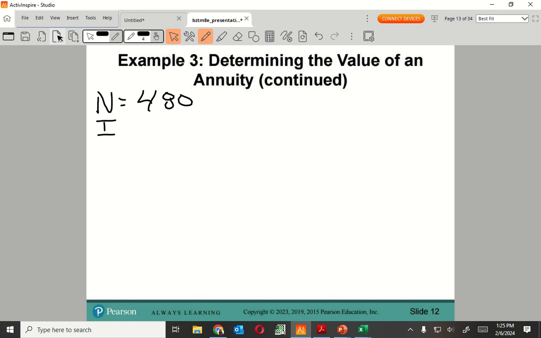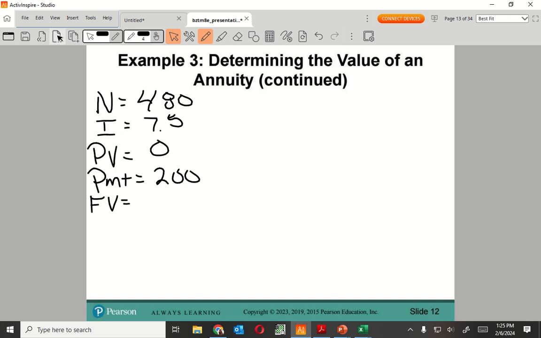My interest, my present value, 0. Starting off with 0. Okay, we start off broke. So 0. Payment, $200. Future value, 0?